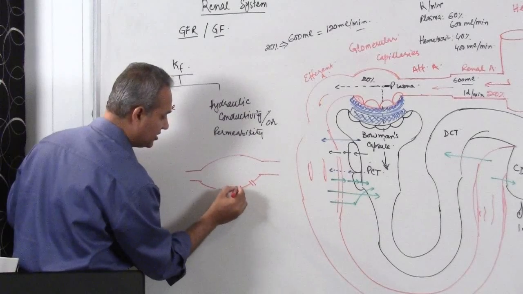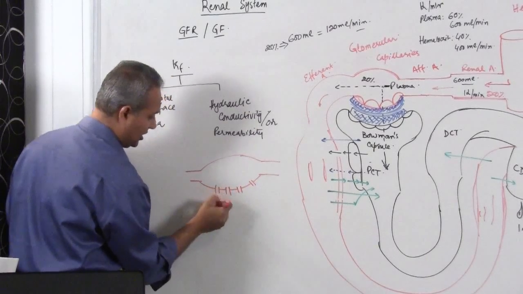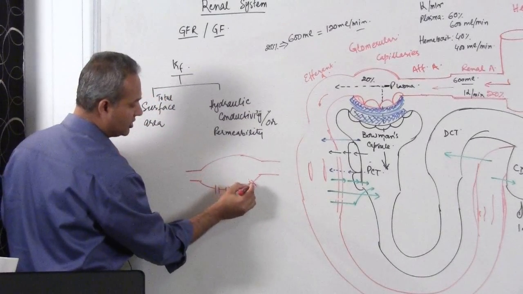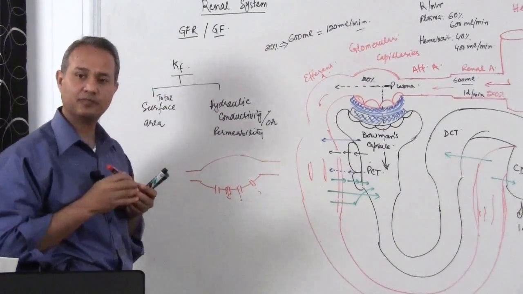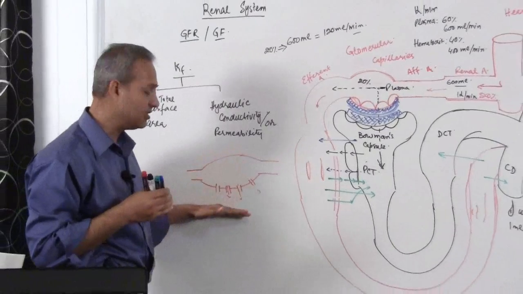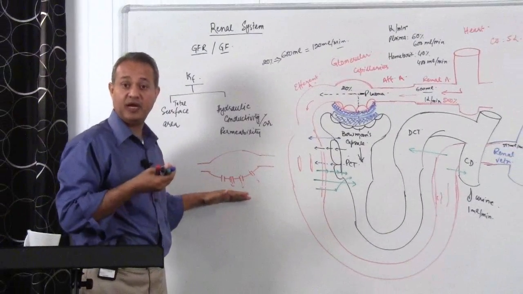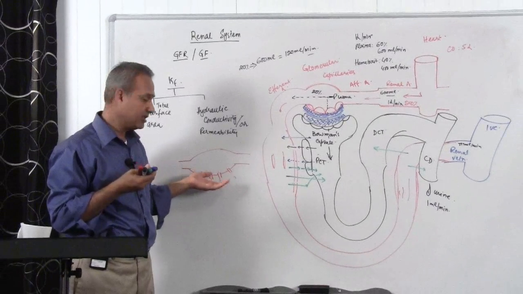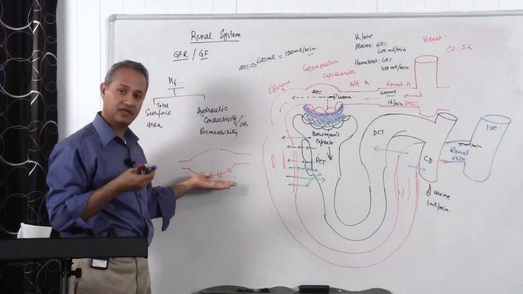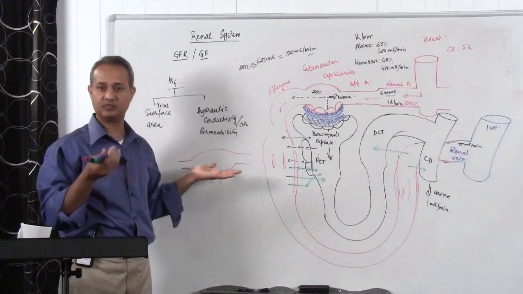How many channels does the membrane allow, and how good are these channels at allowing the fluids to move out of it? It would be very simple to understand that the more the channels and the better functioning the channels, the better the permeability. Bad channels, fewer channels, or damaged channels, less permeability.